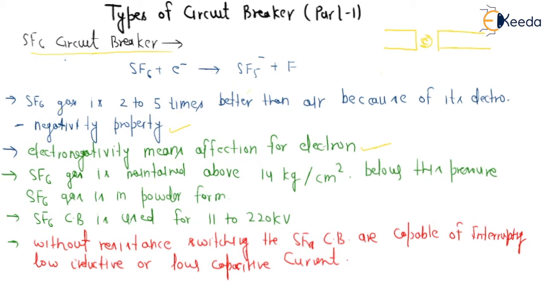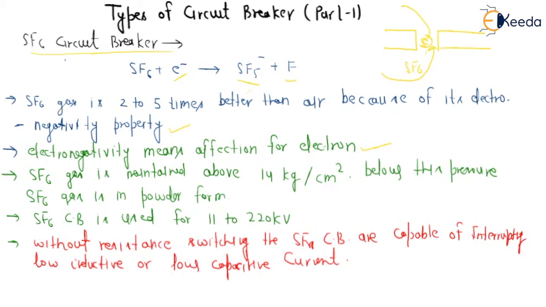SF6 will come and react with the electron and become SF5 minus plus F. So the electron has been captured by SF6. The arcing is due to electrons, and the electrons are captured by SF6, so the arc is removed.